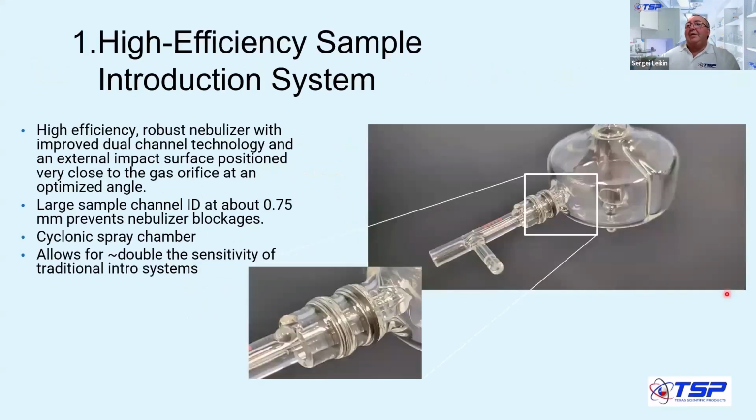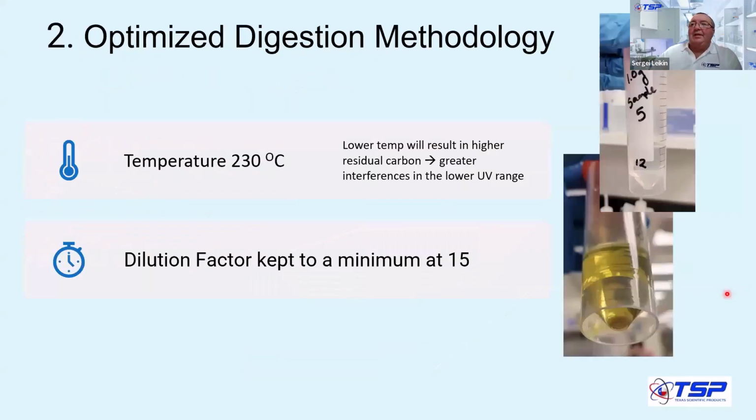And here is why. This is the high efficiency sample introduction system that was used. The samples were digested at a high temperature, 230, specifically to minimize the residual carbon that is still present in organic samples. Even a tiny amount, typically less than 1%, affects certain elements spectrally, as you will see.